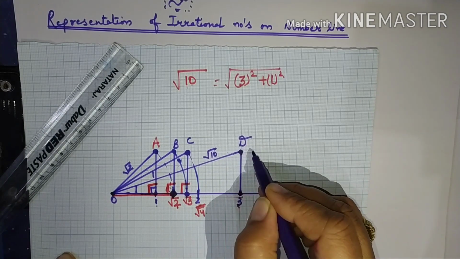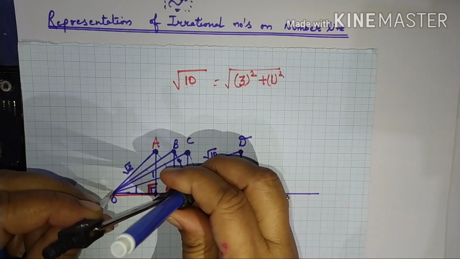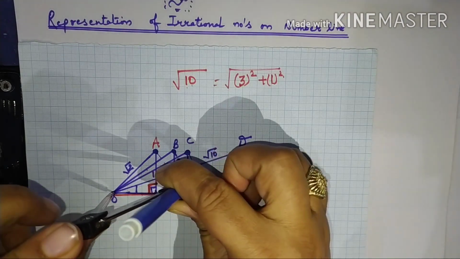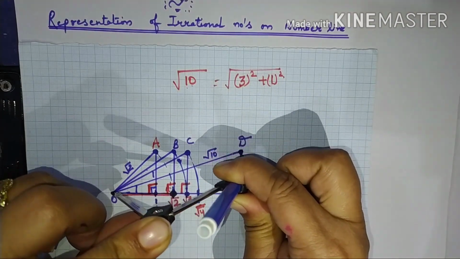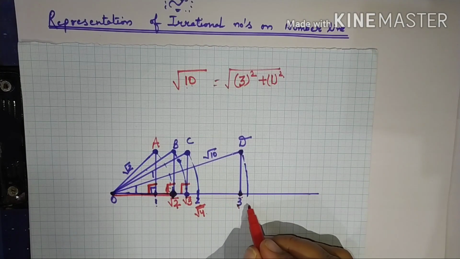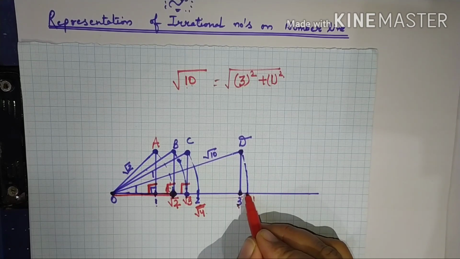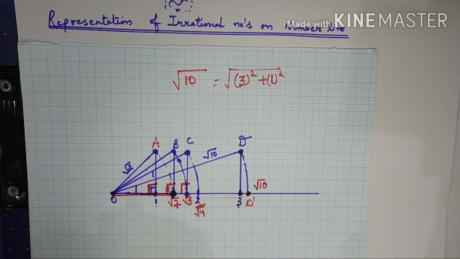Say it D. By placing my compass at O and at D, I can construct it in this way, so it will be D dash, and this is root 10.